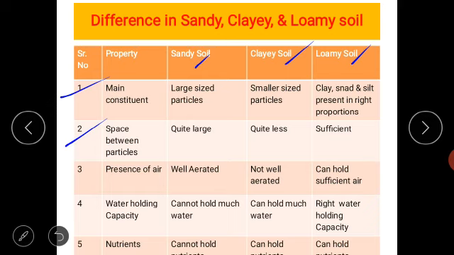Crops need more water, so that need is fulfilled by the water holding capacity. So the space between particles decides the water holding capacity of the soil.